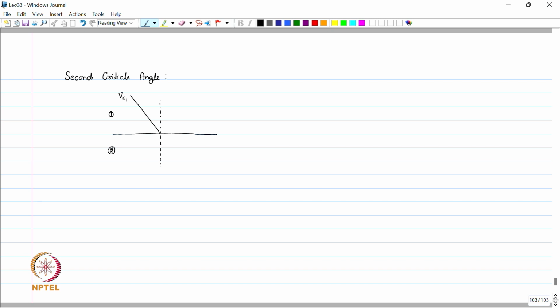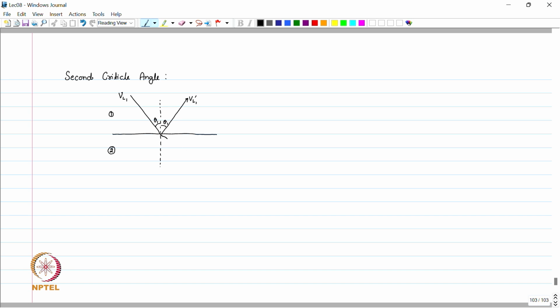So VL1 is the velocity in medium 1 of the longitudinal wave. This is hitting the surface at an angle theta 1. Some part will be reflected back, at theta 1 itself, with velocity VL1 dash, and some part will go into material 2, which is the refracted part.